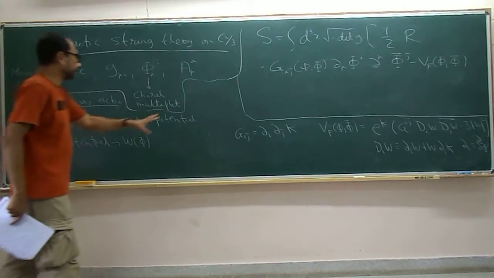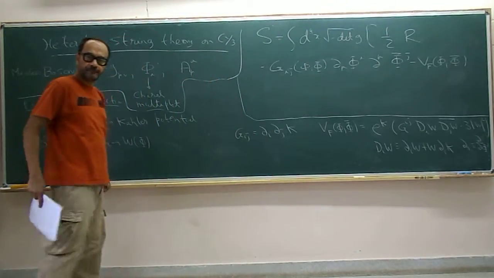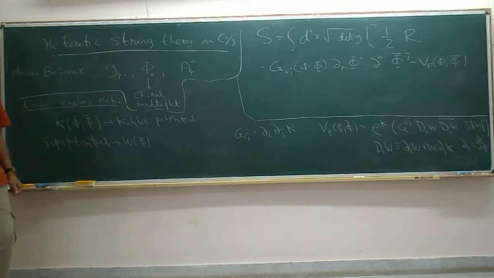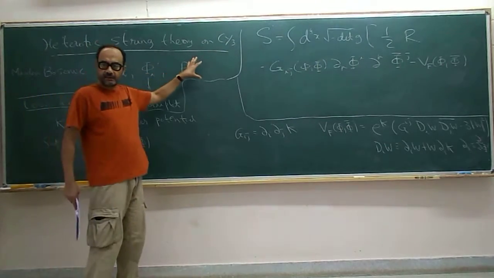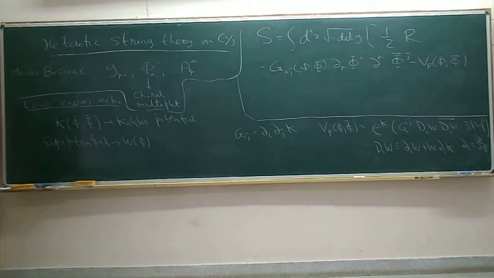Okay, so this is the full action if there are no gauge fields. If there are gauge fields, we need more ingredients. Just W and K, of course, doesn't tell everything about the action.